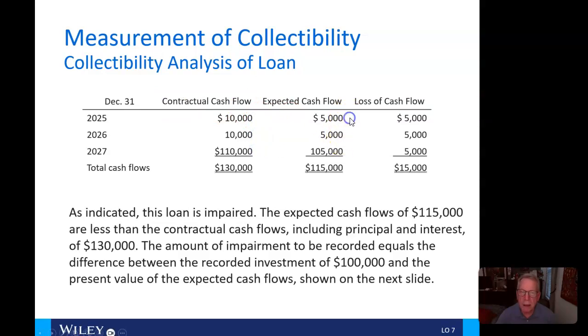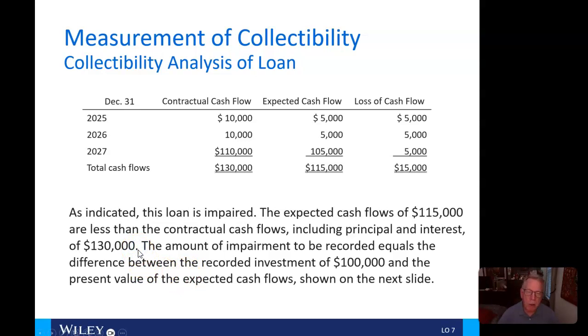Here's the expected cash flows. And here's the loss on those cash flows, $15,000. So as indicated, the loan is impaired. The expected cash flows of $115,000 are less by $15,000 than the contractual cash flows of $130,000.